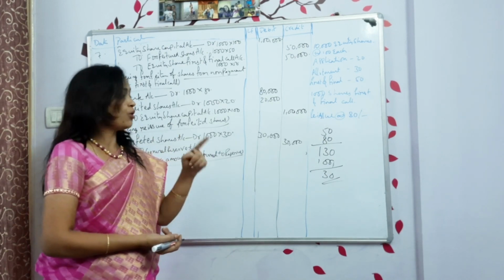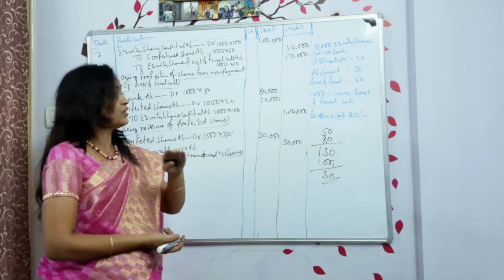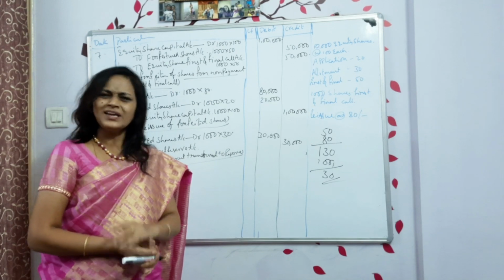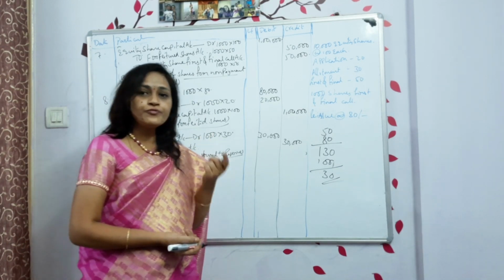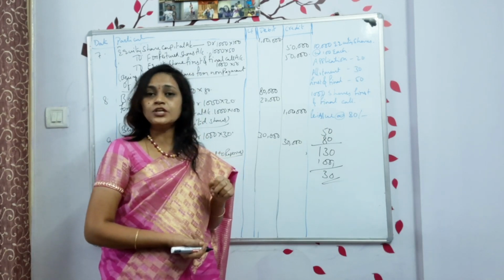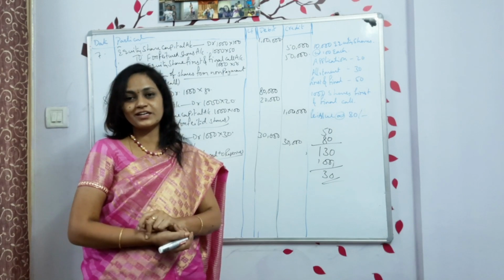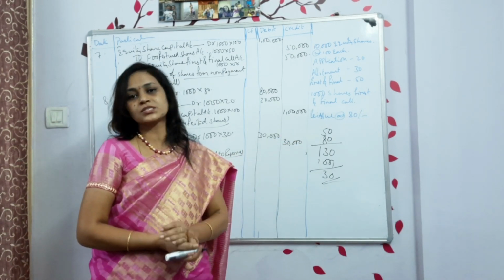So you must know how this 30,000 has come. Don't blindly go with 80,000 minus 50,000 that you got 30,000. Okay, the answer is correct here. But in the next question, they have forfeited total 1000 shares, but they have reissued only 500 shares. Will you get the correct answer? You will not get the correct answer. So you must know why you have transferred.